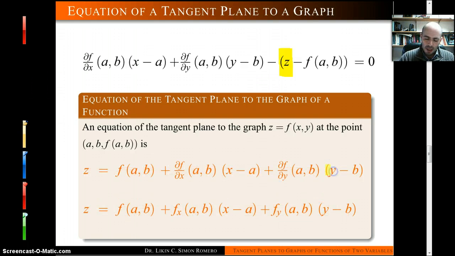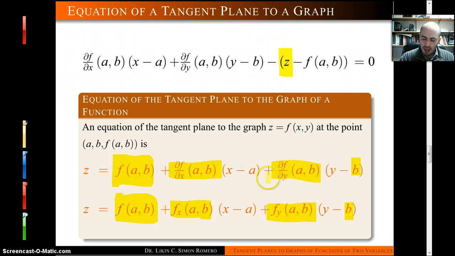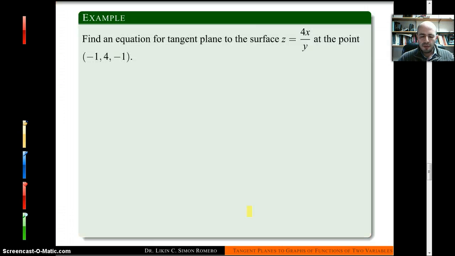Again, notice that the function is evaluated as well as the partial derivatives. So that means that all these are going to be numbers, as well as a and b over there. So the only variables that are going to appear here, if they appear, are going to be z, x, and y. Let me give you an example.